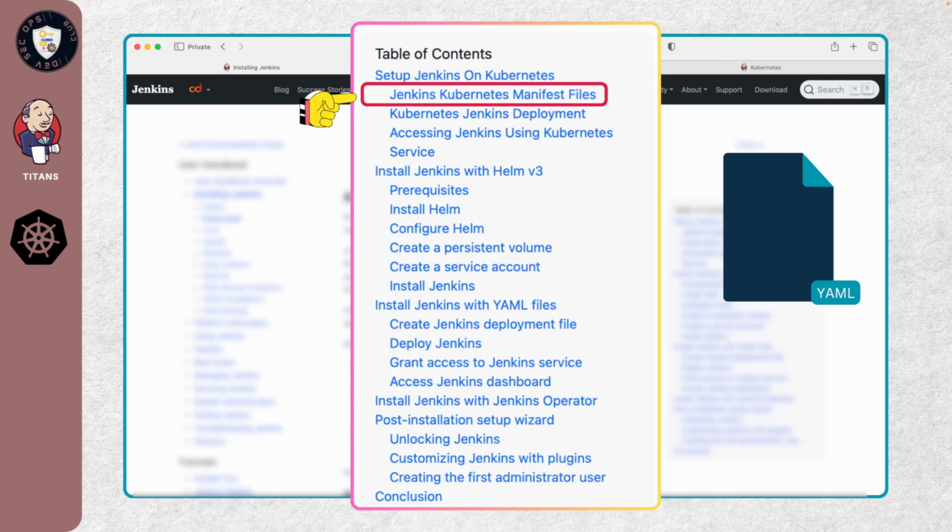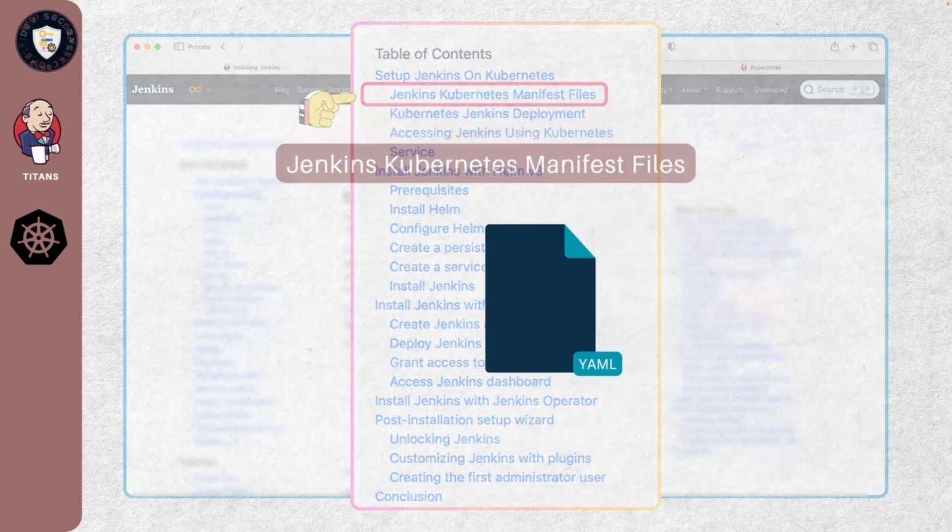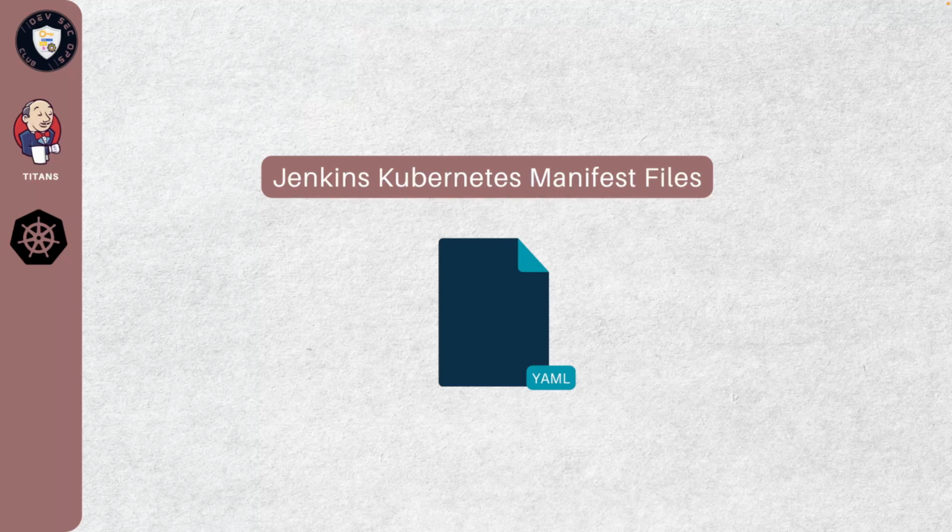I believe when you know the basic fundamentals, the rest will be easier for you. I'm not saying don't explore, of course explore it, but I will start with this one. So let's go ahead and see the manifest files: the Jenkins Kubernetes manifest file.